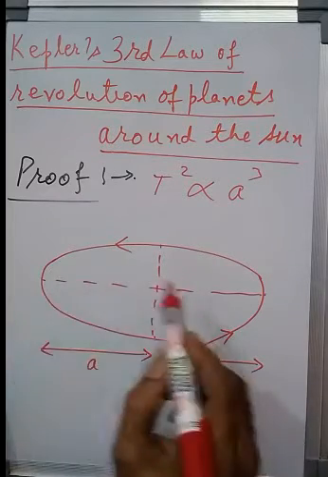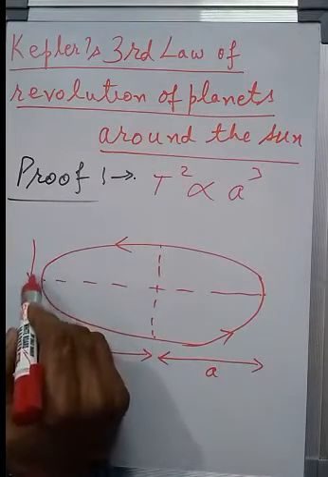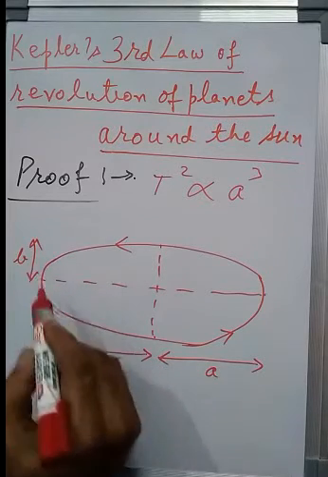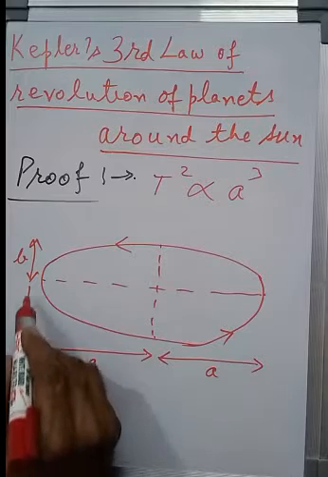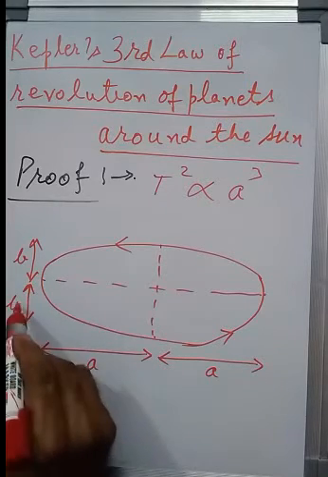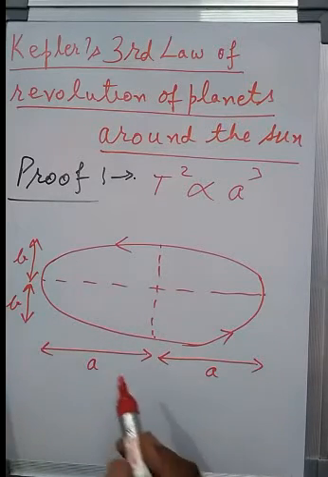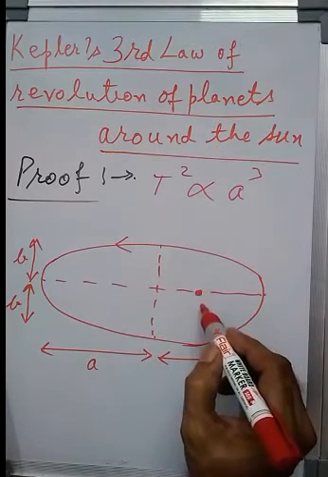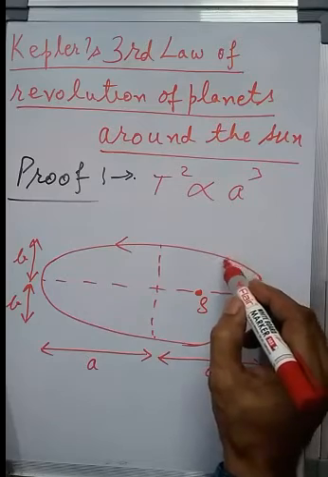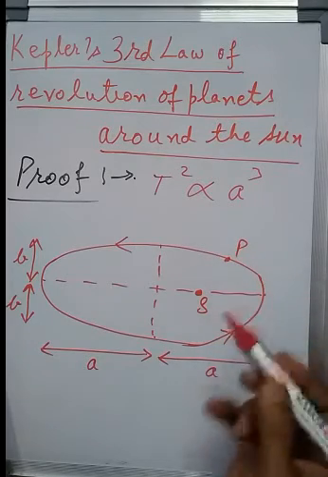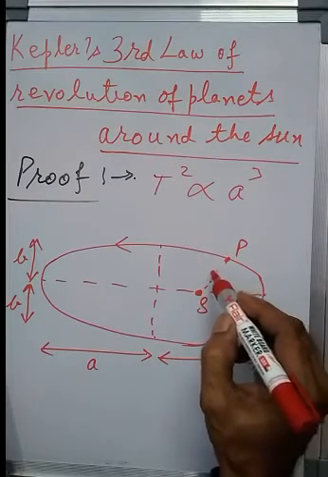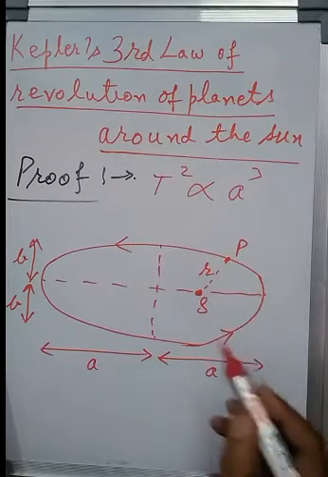And giving more details, this is the semi-minor axis, which will also be used. This can be written as b. If I consider the Sun to be here and the planet to be somewhere here at any instant of time, then this is the instantaneous distance between the Sun and planet, that is r.